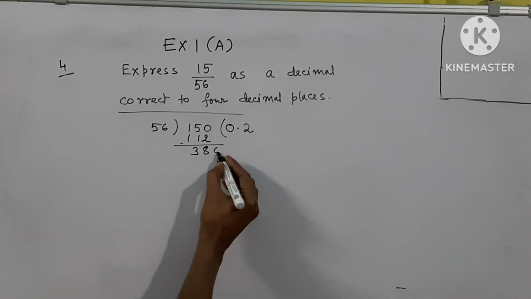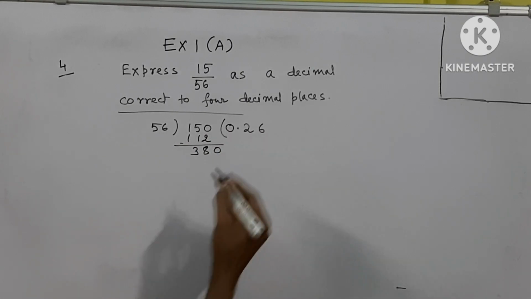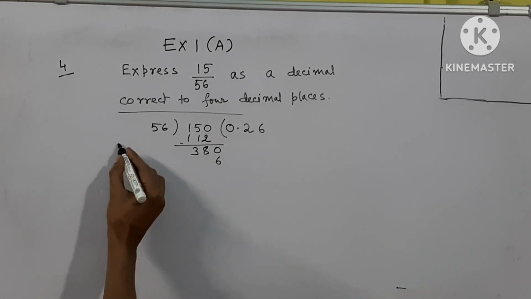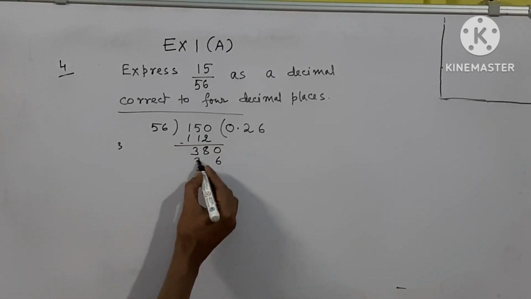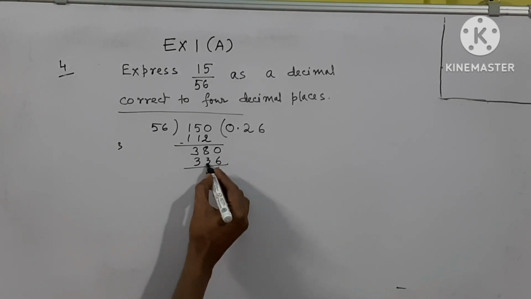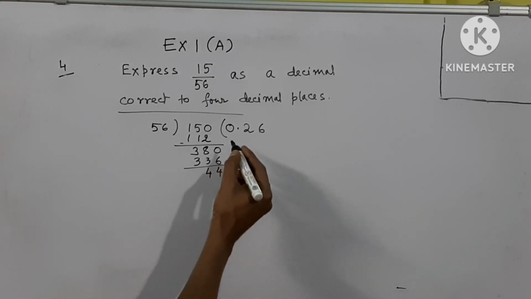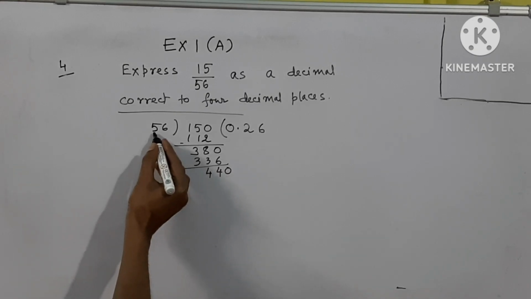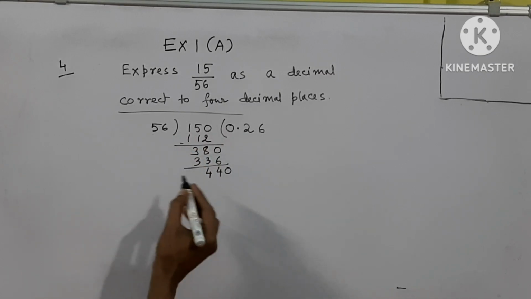Again 0, let's try with 6. 6 6s are 36, 6 5s are 30, 30 plus 3, 33. 4 and carry 1, 4, 44. Put 1 0. With 8 it will be bigger.